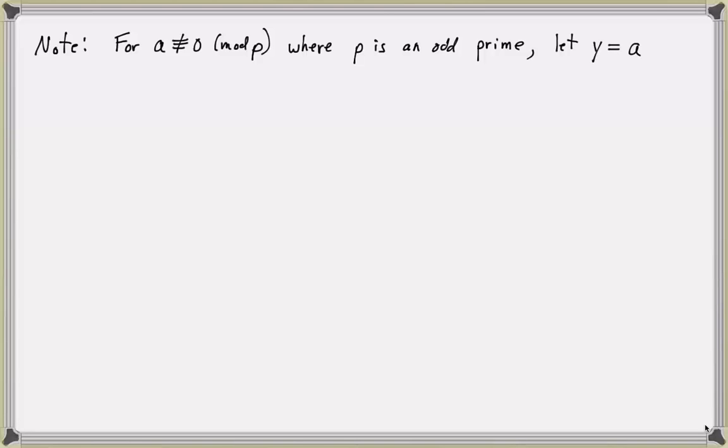If a is not congruent to 0 mod p, and again we're going to assume p is an odd prime, I'm going to let y equal a to the p minus 1 over 2 power.